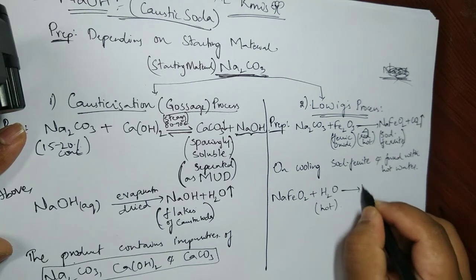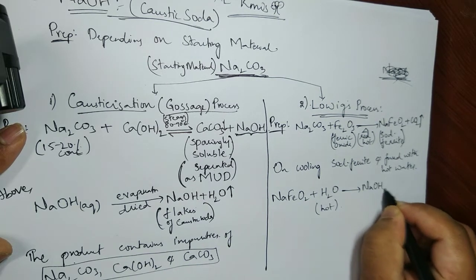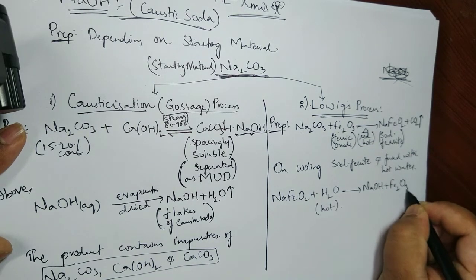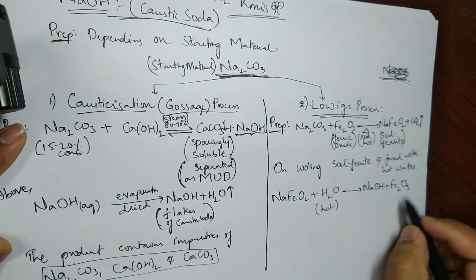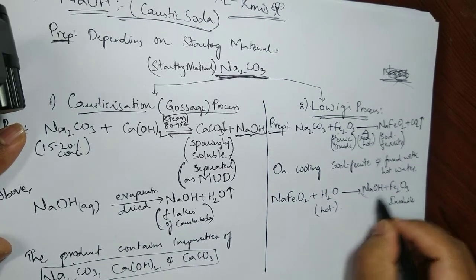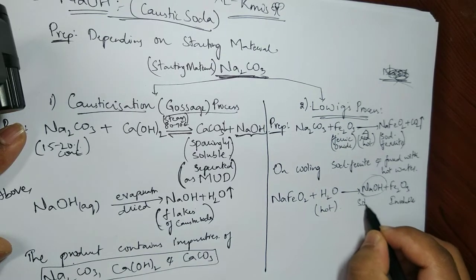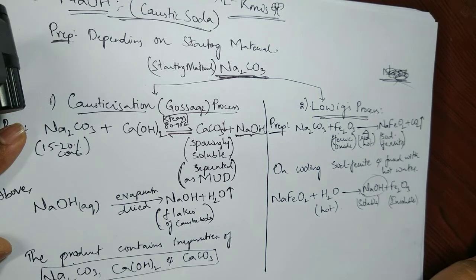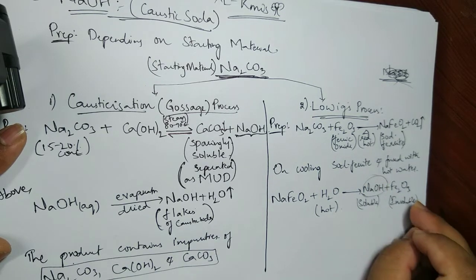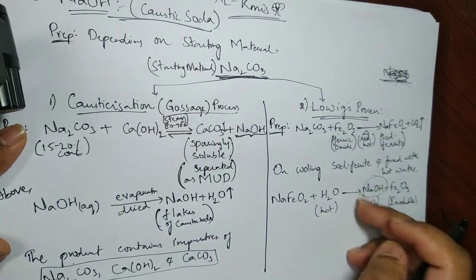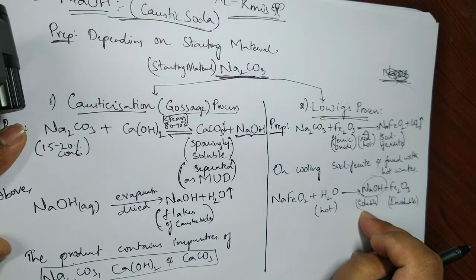On treating with this, I'll have my NaOH, and Fe2O3 is regained back. This Fe2O3 is, as already known, insoluble, but NaOH is completely soluble, and this insoluble can be filtered off easily with a filter paper, or can be separated out easily, and that can be reused again here. Fine. So on the whole, an NaOH solution is obtained.